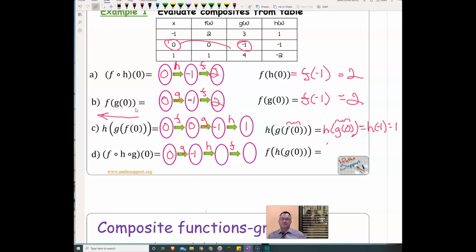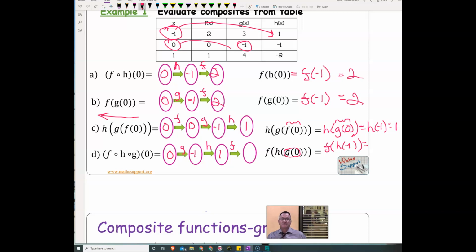So I would write this as f, h, and this became -1. Okay, now I put -1 into h, and it becomes a 1.